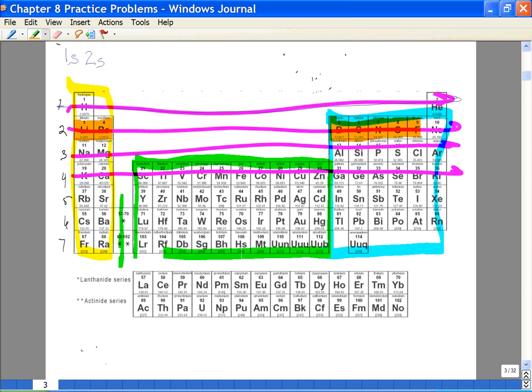So we can also have 2p. Coming down to the next row, we can have 3s. Going across directly from where we are, we then have the 3p. Coming down to the next row, now we have the 4s.